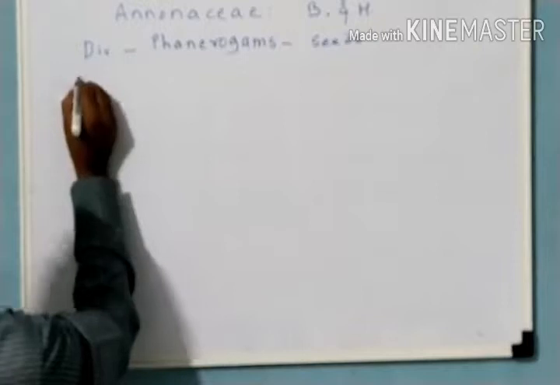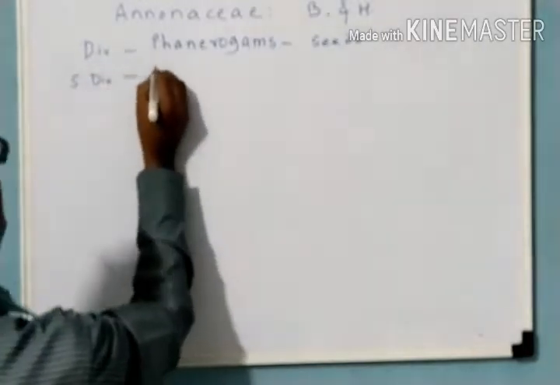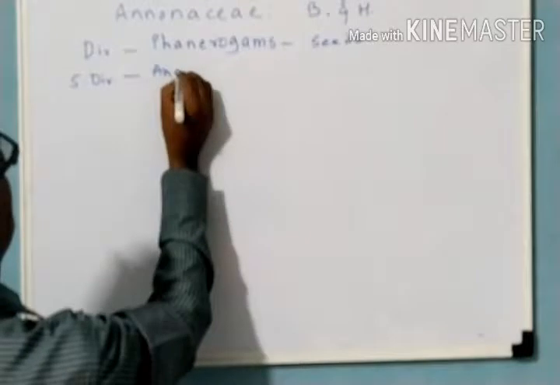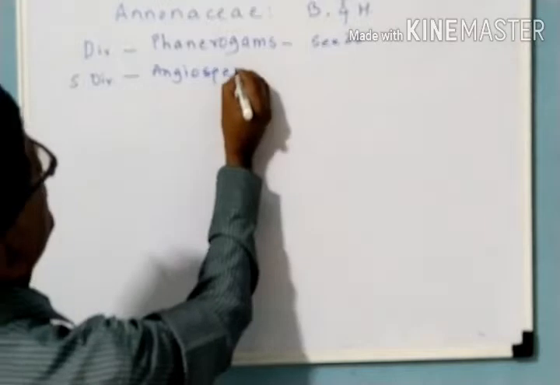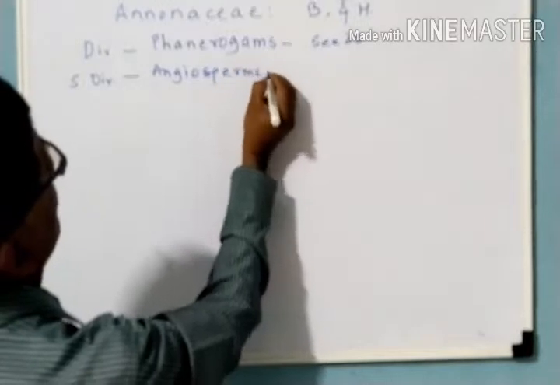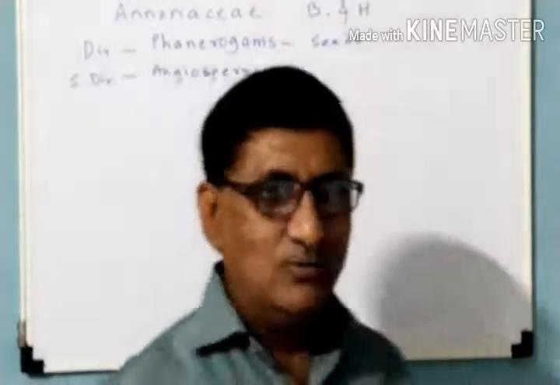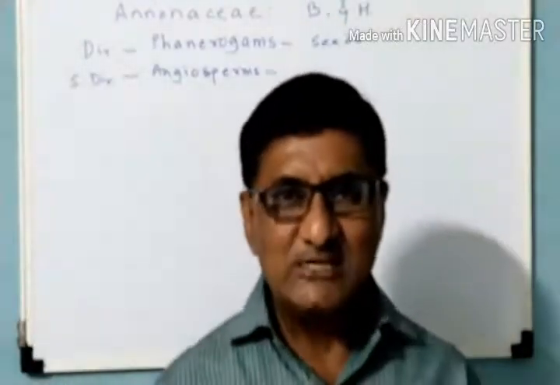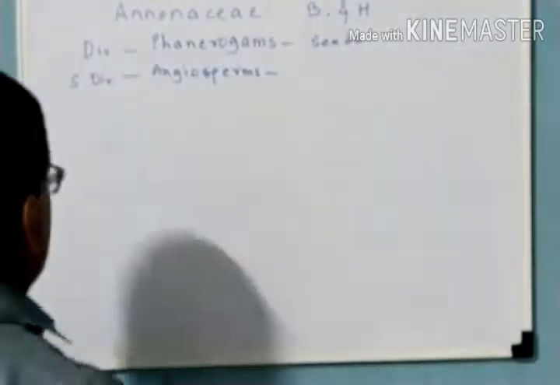Then subdivision: Angiospermae, or angiosperms. The reasons are flowering plants and ovules enclosed in the ovary, or seeds inside the fruit. These are the two reasons for angiospermy.